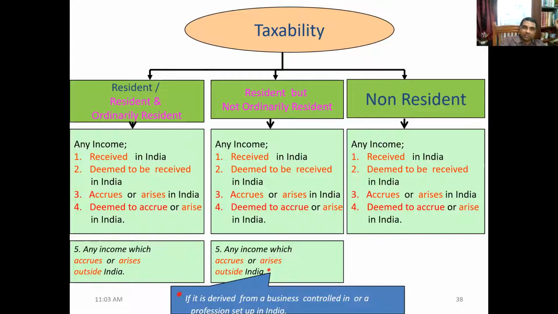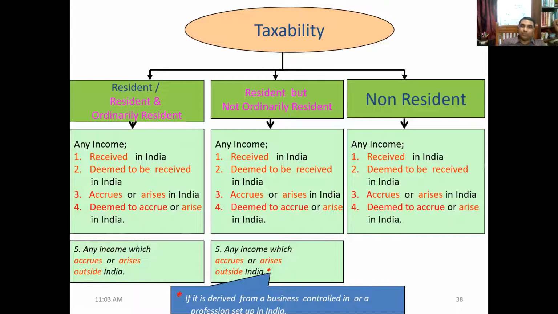Okay. Now, this gives you a broad idea: if income accrues or arises outside India, that means foreign income, it is not taxable to whom? Non-resident. And it is taxable to a resident but not ordinarily resident only when it is derived from a business controlled in or a profession set up in India.